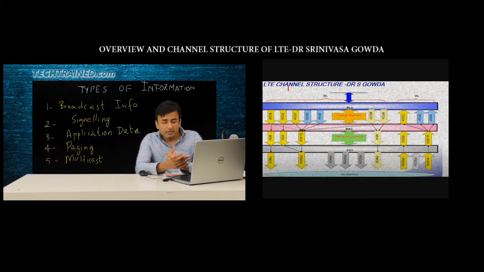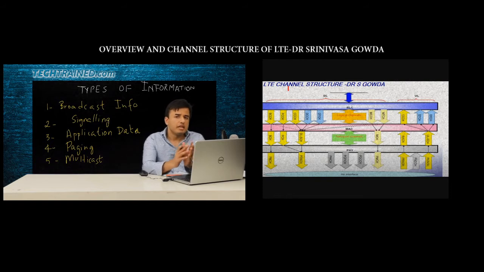Now remember, in the previous video we talked about logical channels, and I've said logical channels are those channels which contain the type of information. Depending on how many types of information we have, we need to have those many logical channels. Not necessarily we need to have those many number of logical channels as per how many types of information we have.